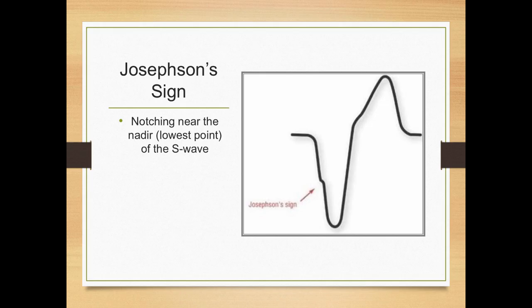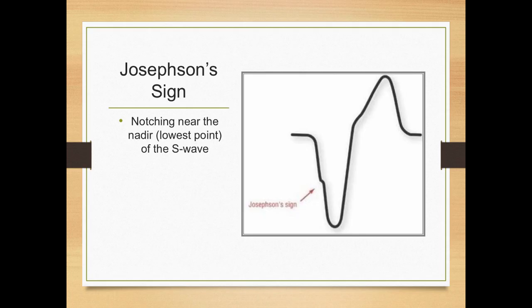Another criterion, this is independent of Brugada's sign. This is Josephson's sign. And if you see, as we go down towards the S wave, on that downward stroke, a little notch, that is Josephson's sign. And that's another sign, again, independent of Brugada's sign. So I'm guessing Dr. Brugada and Dr. Josephson, they each needed their own papers to publish, right?